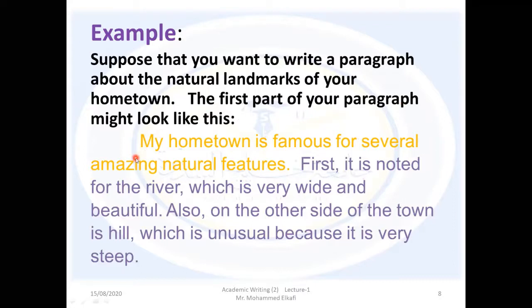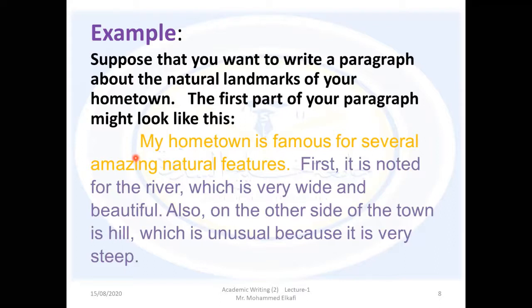So in case you want to build a topic sentence, you should put it in the first part of what? Of your paragraph. You should make a sentence which is very general, okay, or most general.